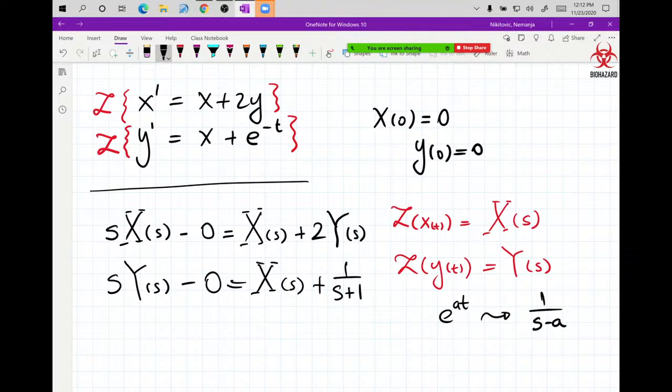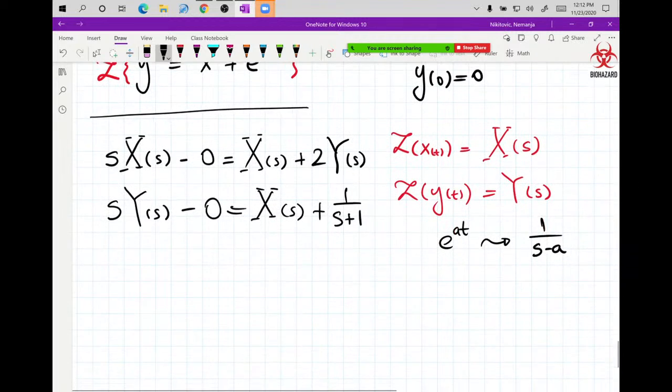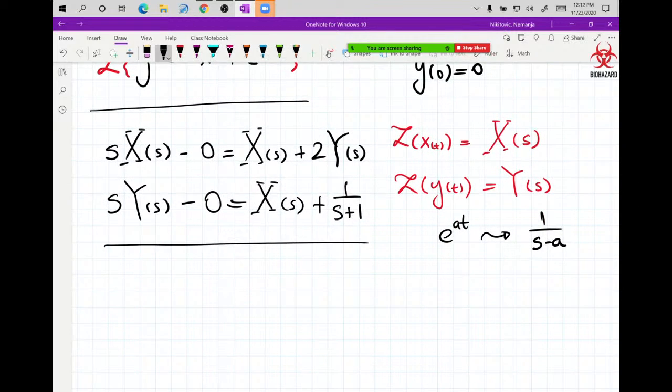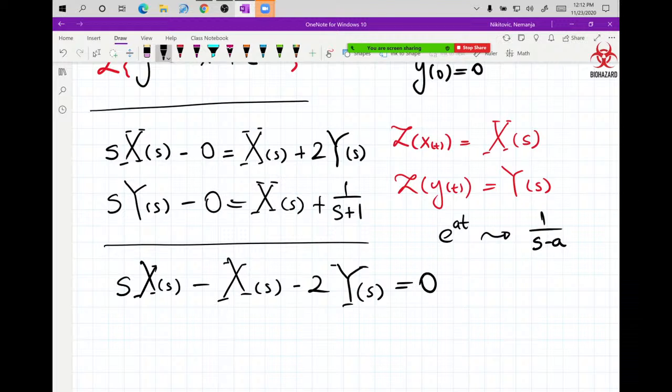So what do we have here, right? Move everything that has an x and a y on the left, and everything that has no x and y on the right. So I have s x of s minus x of s minus 2y of s equals 0.